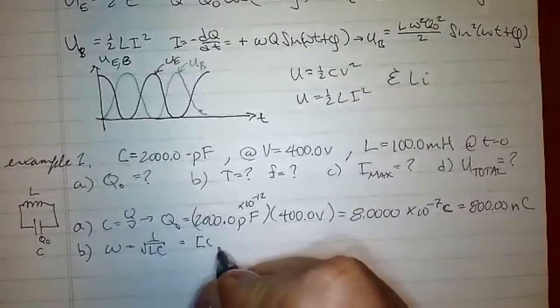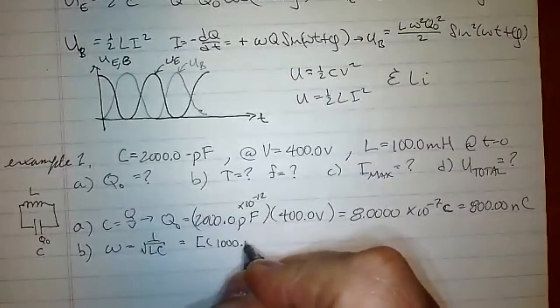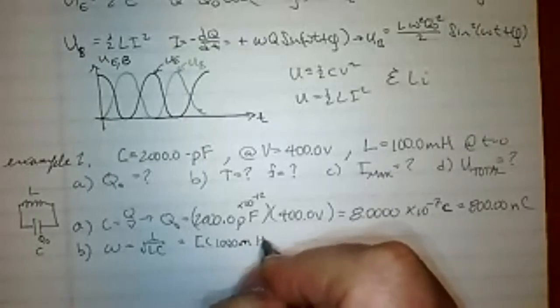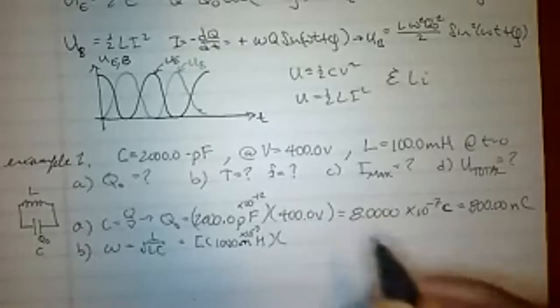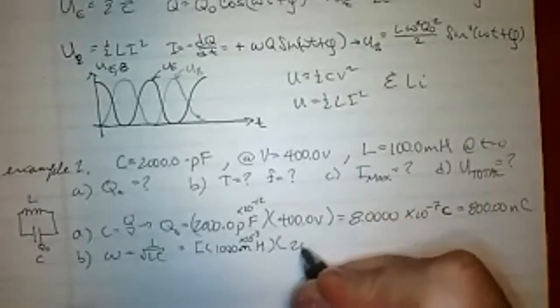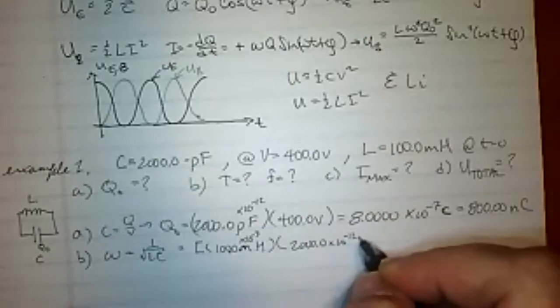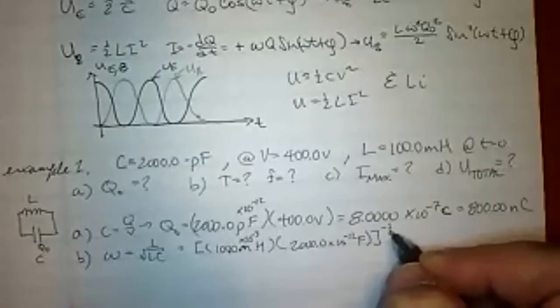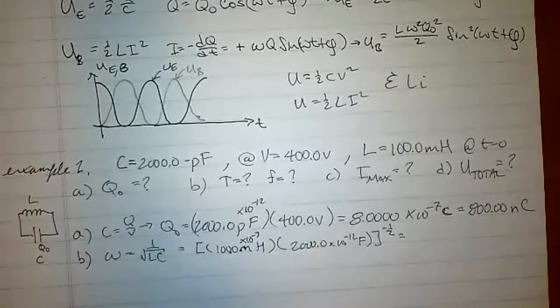L, of course, is 100.0 millihenries, and milli means times 10 to the -3, and I want to multiply that by 2000 times 10 to the -12 farads, and then raise that to the -1/2 power, and that should give me my answer.